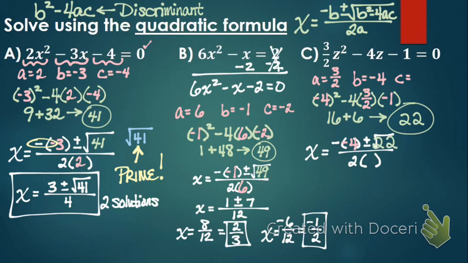No. Why not? Because when you break it down, you get 2 and 11, and they're both prime numbers, but nothing comes out of the radical. Absolutely 100% correct. All right, so I have x equals 4 plus or minus the square root of 22 all over what? 3. Can I simplify that any more than that?